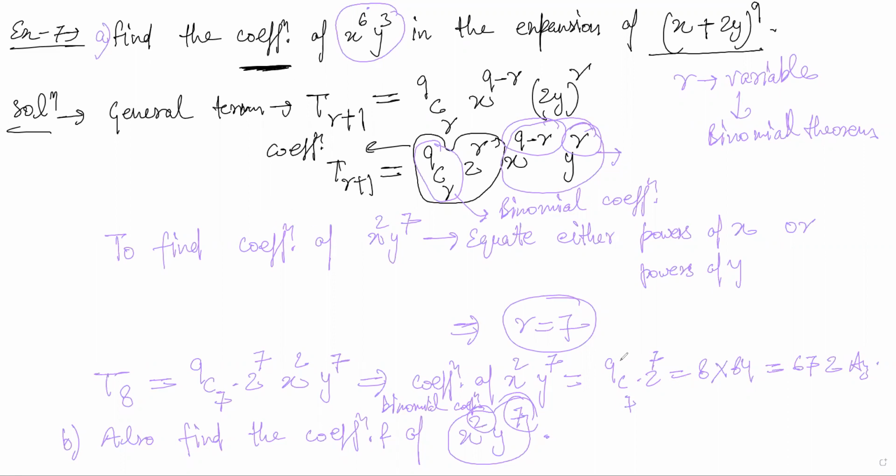The binomial coefficient is 9C7. The coefficient is this whole, and the binomial coefficient is 9C7 only. I think 9C7 can be equated as 9C2, which can be solved as 9 into 8 divided by 2, so the value should be 36.